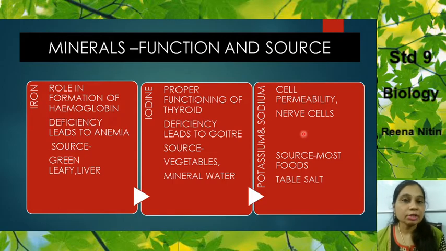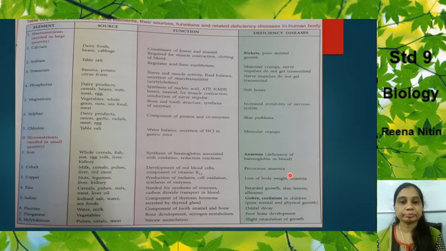We learned last time that it is known as synapse. So this is very essential for neurotransmission. It needs sodium as well as potassium to function properly. Sources are most foods, which contain potassium and sodium, and also table salt.